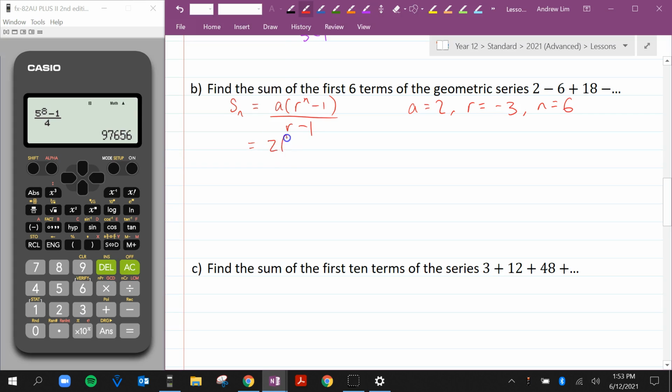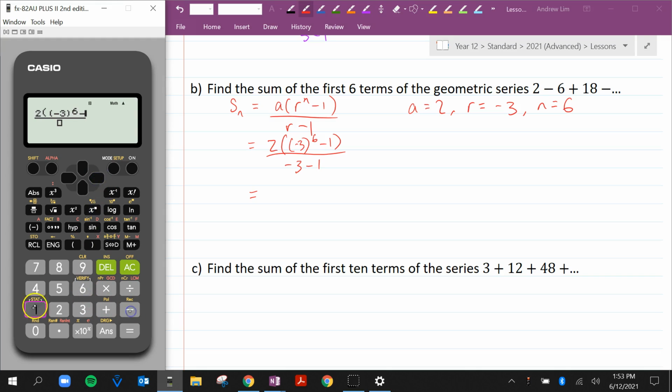So we have 2 times minus 3 to the power of 6 minus 1 over minus 3 minus 1. All right, let's put that in our calculators. Minus 364.